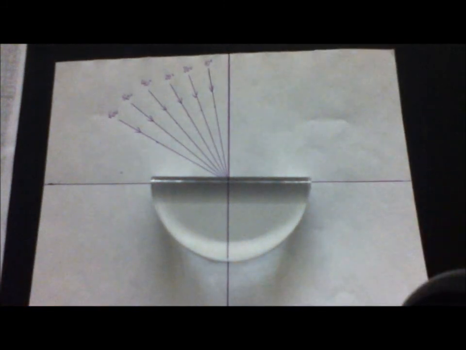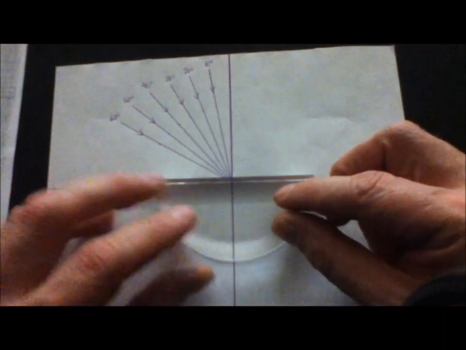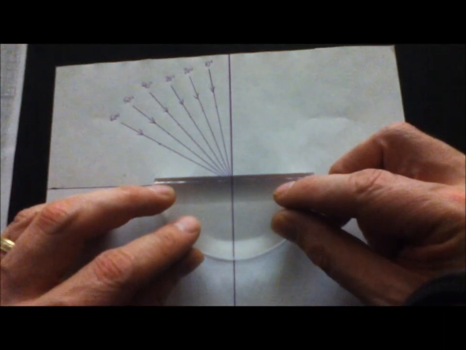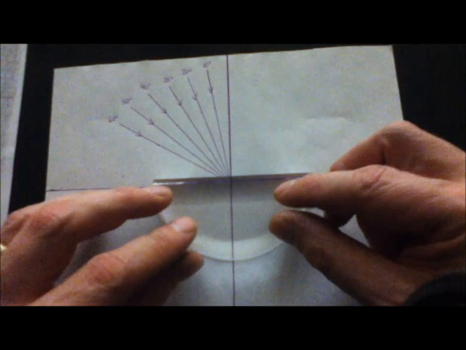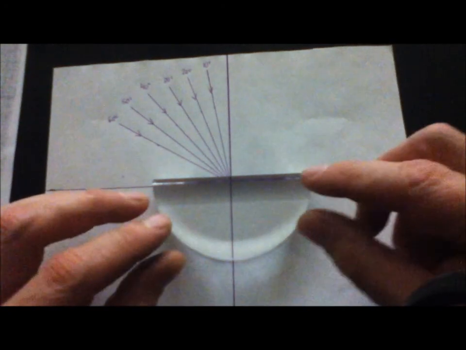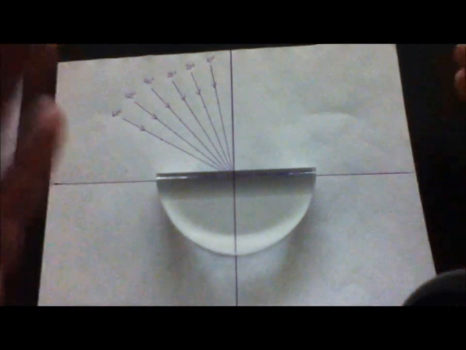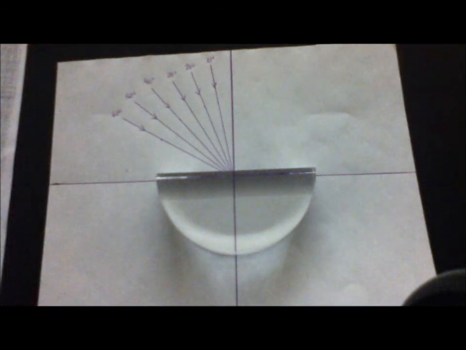They're going to come out the other end, and then we'll use another video to actually look at how we're going to fill in the chart, calculate the sine of the angles and the ratio of the sines of angles, etc. Okay, so what we want to do is put our lens, or a prism, sorry, on this horizontal line right here, so that the prism is divided as best we possibly can determine into an equal left and right side.